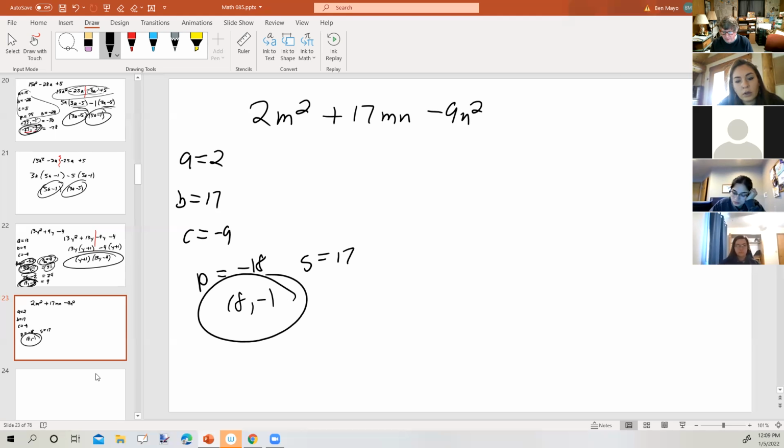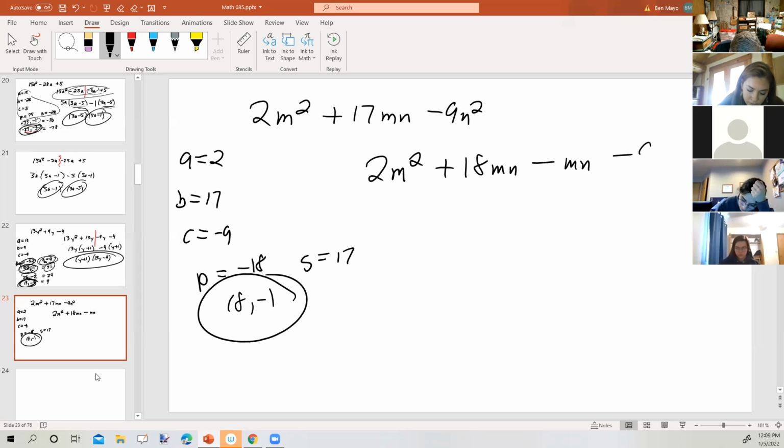You see that? Split the middle term. Be careful that you carry the m in down, not just the m or not just the n. Group it.